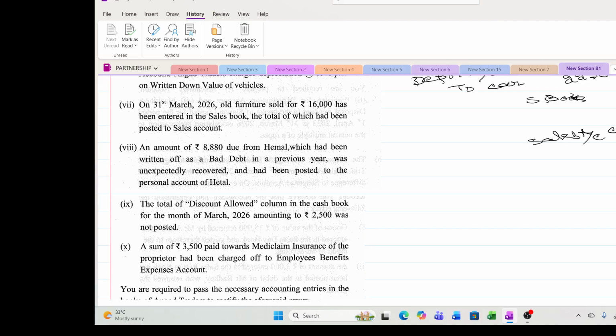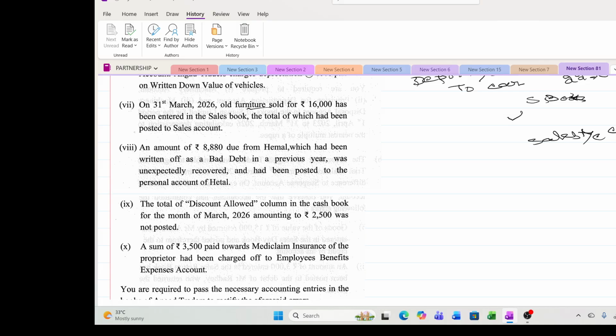But here it is not goods, because in the sales book we only enter goods. Goods means the items in which the proprietor is dealing, only those purchased for the purpose of reselling. Furniture here is an asset.